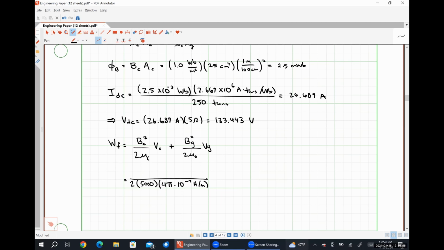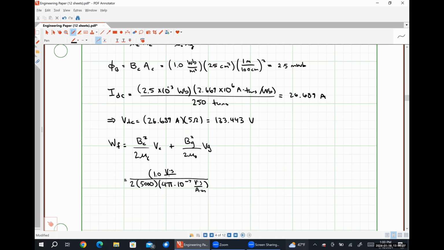Actually, let me go one step further here. A Henry is a volt second per ampere. So I could write this as volt seconds per amp meters, which will help us cancel things out in a moment. Up here in the numerator, I have 1.0 Tesla, where a Tesla is a Weber per meter squared, and a Weber is a volt second.